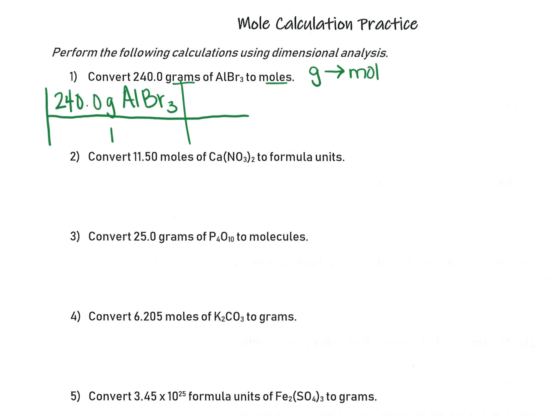Okay, good. Divide by molar mass. What do you need to find molar mass? The mass of each element. Okay, so you're going to use your periodic table. I'm going to just write it in the top right. So how many aluminums are in aluminum bromide? Okay, just one. What's the mass? 26.98.